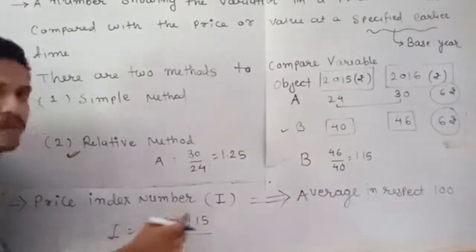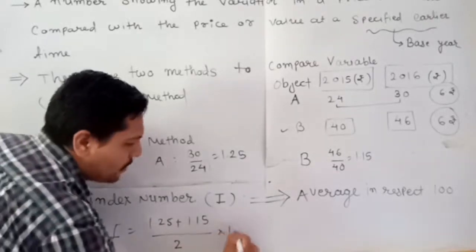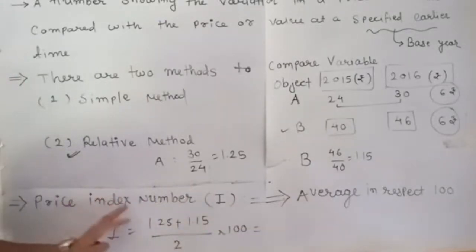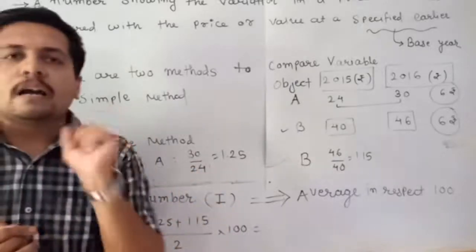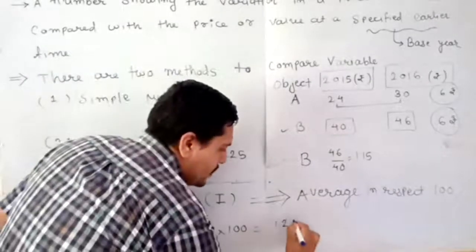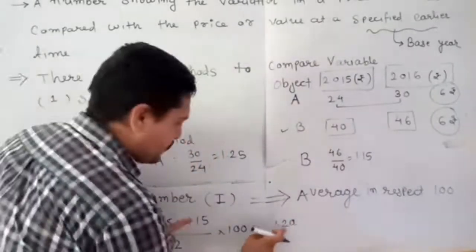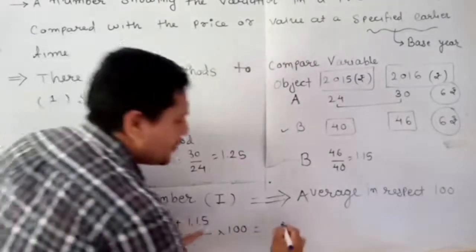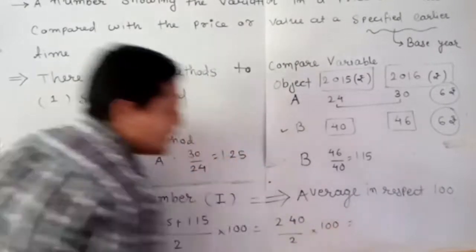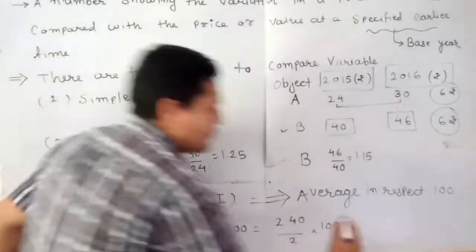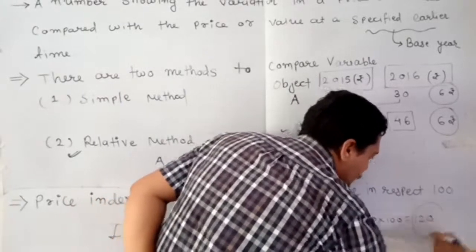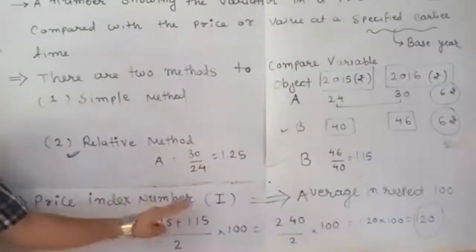So (1.25 plus 1.15) divided by 2 into 100 is our answer for the price index number, denoted as I. 1.25 plus 1.15 is 2.40. 2.40 divided by 2 gives 1.20, into 100 is equal to 120, and 120 is our price index number.